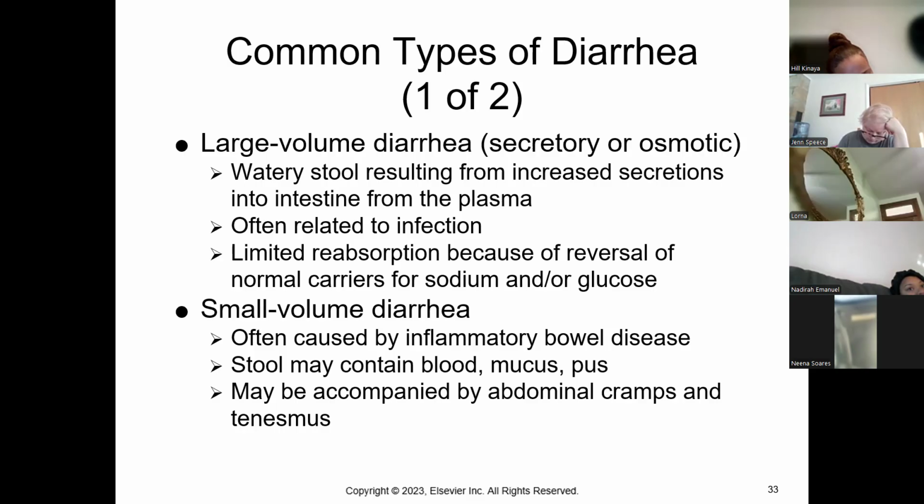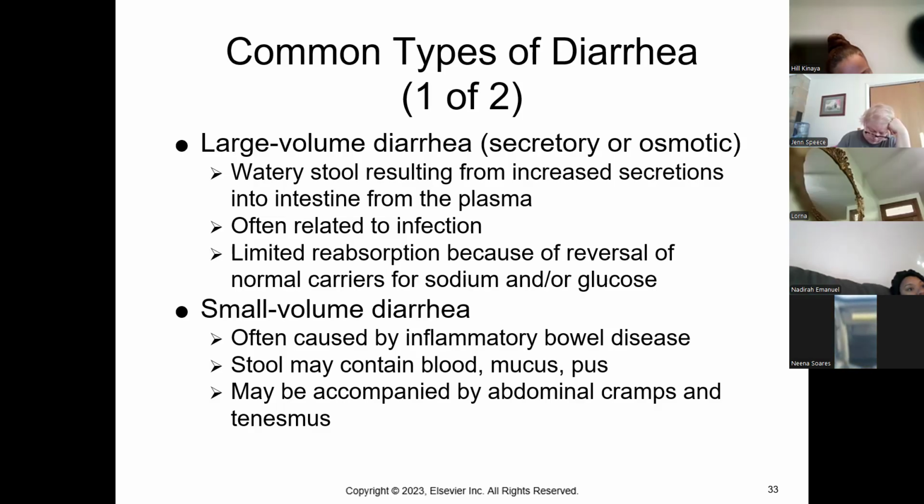This can happen if the person has intolerance to carbohydrates like lactose, maltose, sucrose, or fructose. It can also occur in digestive disorders like celiac disease. Some medications cause osmotic diarrhea.